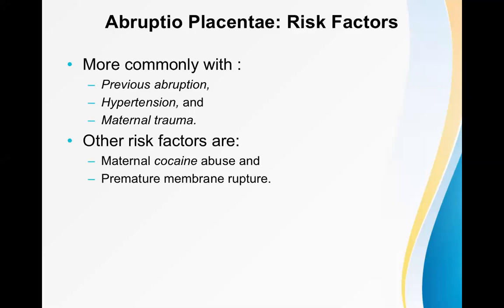It will cause an increase in blood pressure in the person taking it. In this condition also, probably the excessive rise in blood pressure leading to hypertension is responsible for abruptio placentae after cocaine abuse. Another one is premature rupture of membranes, PROM, which is also associated with abruptio placentae.